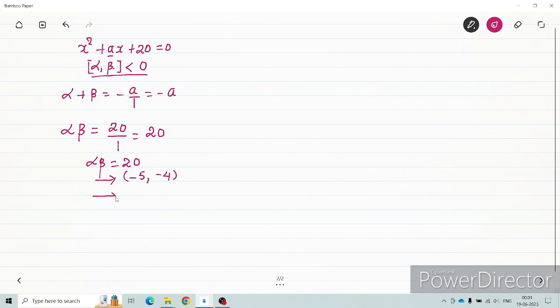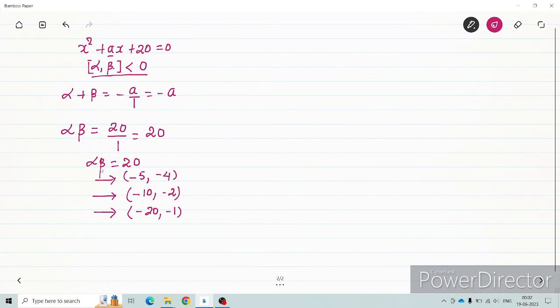Similarly, another combination can be -10 and -2. If you take the product of -10 and -2, you will get 20. Similarly, the third combination which is possible is -20 and -1. So for this given expression alpha beta = 20, only these three combinations are possible.